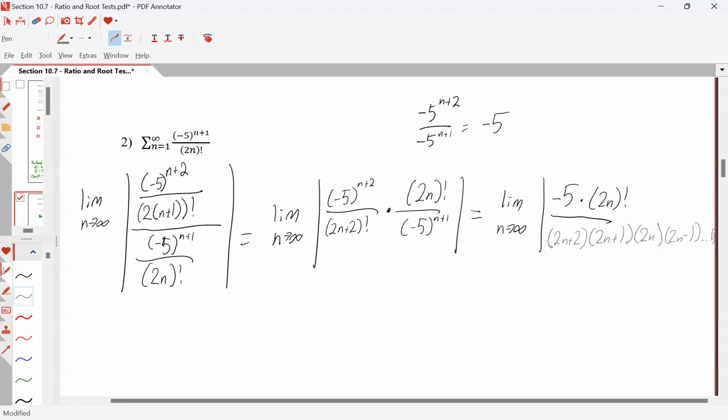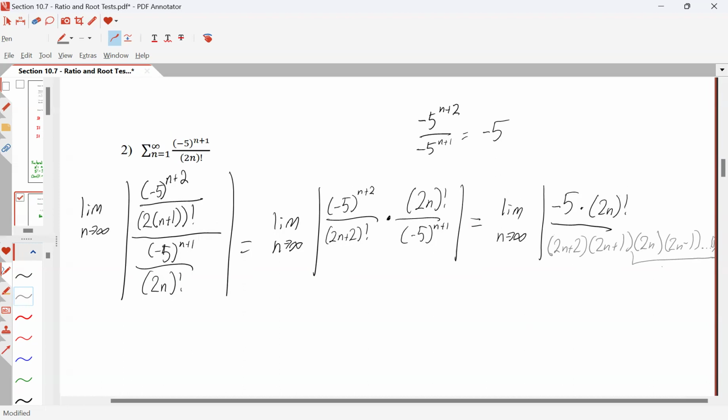However, you notice this last bit is 2n factorial. So I'm going to just write that as 2n factorial. And that means I have a 2n factorial in the numerator, a 2n factorial in the denominator. So this equals the limit as n goes to infinity of -5 over 2n plus 2 times 2n plus 1.